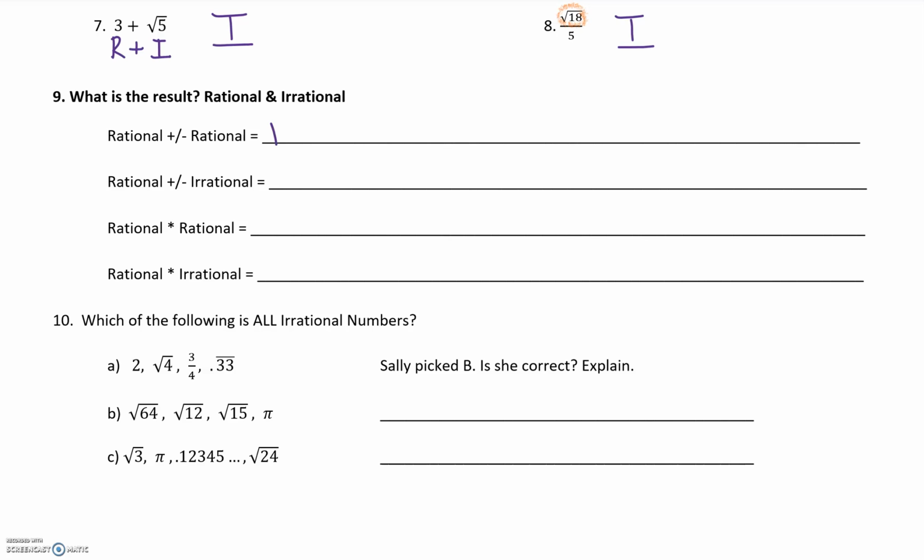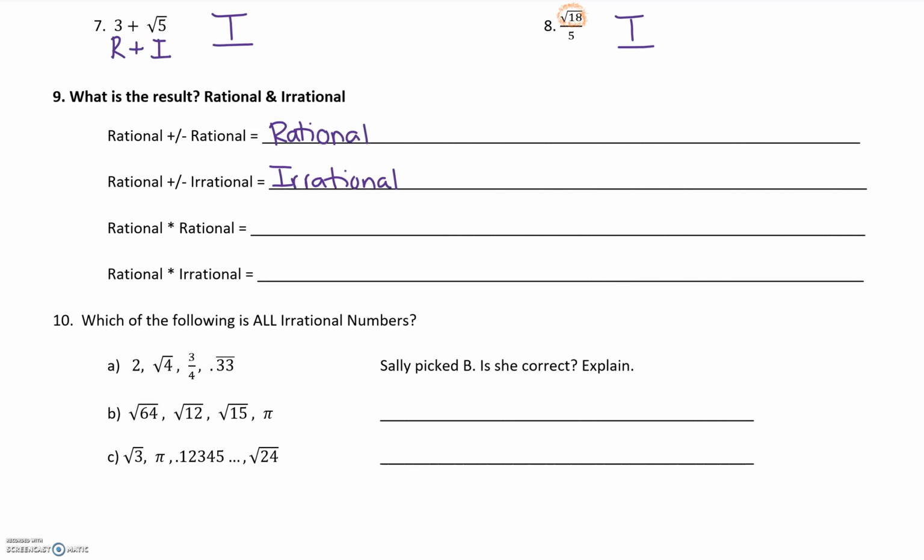So this will always be a rational number. Okay. If we have a rational number plus or minus an irrational number, this will always be irrational.